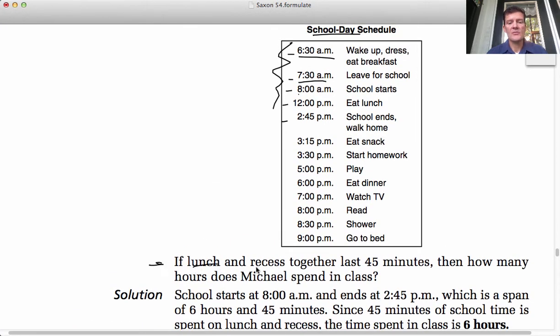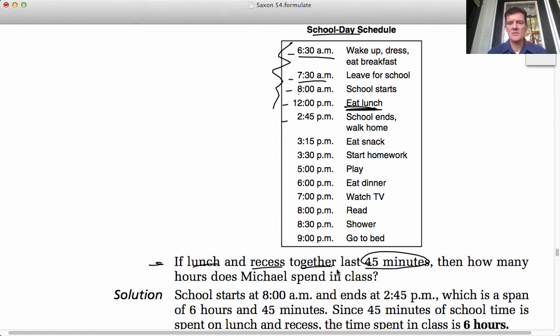If lunch and recess together last 45 minutes, let's pause for a second and make sure that makes sense. Here's lunch and recess. Maybe they're together.